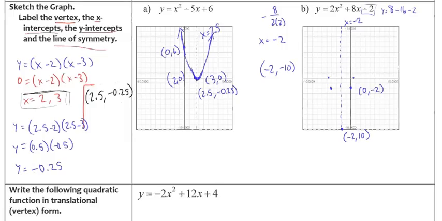To do that, you would use the quadratic formula. So x is going to be equal to negative b, so negative 8 over 2 times a, 2 there, plus or minus the square root of b squared, so 64, minus 4 times a, which is 2, times c, which is negative 2, also over 2 times a.